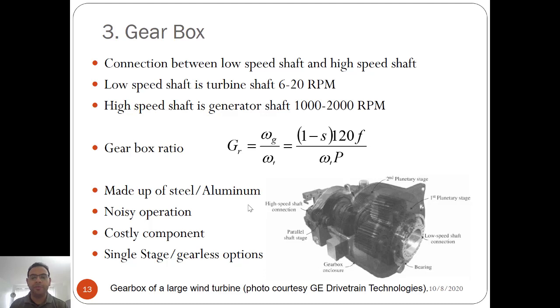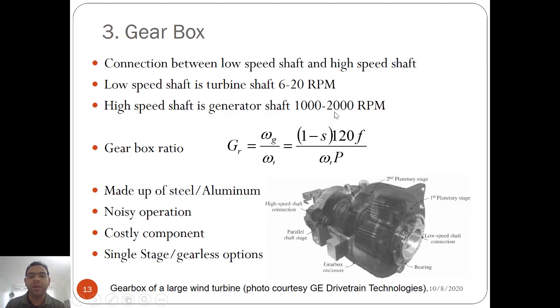When I say gearbox, it connects the low speed shaft that I showed you at the start of the lecture and the high speed shaft together with each other. This wind speed is very low. In general, it is 6 to 20 rpm. This speed is not enough to run the generator to produce a frequency of 50 hertz.